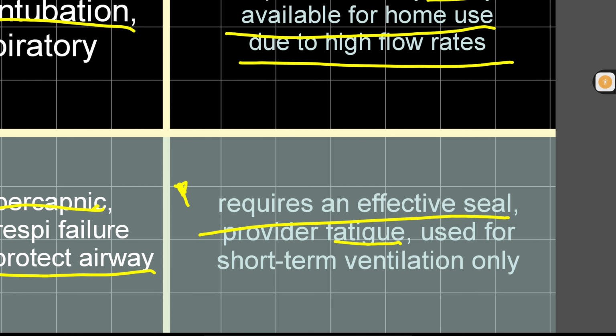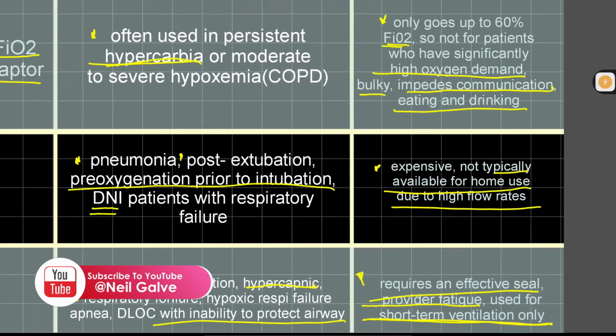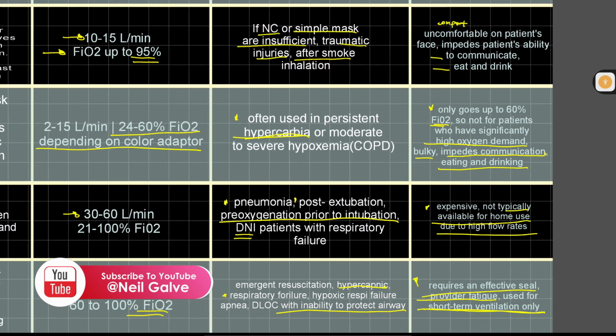It can also cause fatigue to the provider, whether nurses, respiratory therapists, or even doctors who deliver oxygen, because it needs force. It is used for short-term ventilation only. It is not for long-term use, unlike our other devices that can be used for 12 hours, 6 hours, or 8 hours. It is for short-term use only.